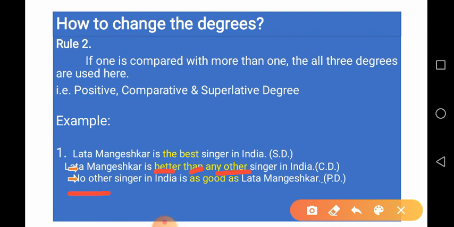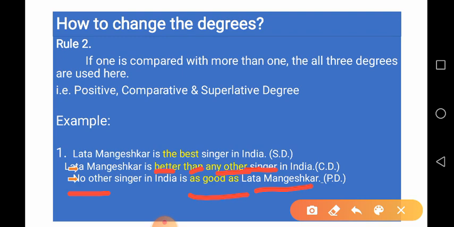So our positive sentence is: no other singer in India. Any other turns into no other, and the second comparative object, that is singer, is taken first. No other singer in India is as good as. Then the adjective is written in between as, and then the first comparative object, that is Lata Mangeshkar.